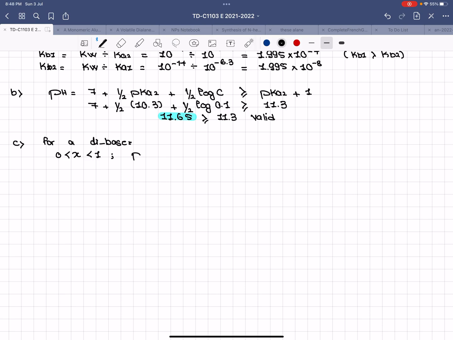Your pH is equal to pKa2, again, it's the second couple, plus log the inverse of the acid, 1 minus X divided by X, because the limiting and the axes are now inversed. For X between 1 and 2, for the second basicity, pH is equal to pKa1 plus log 2 minus X divided by X minus 1.